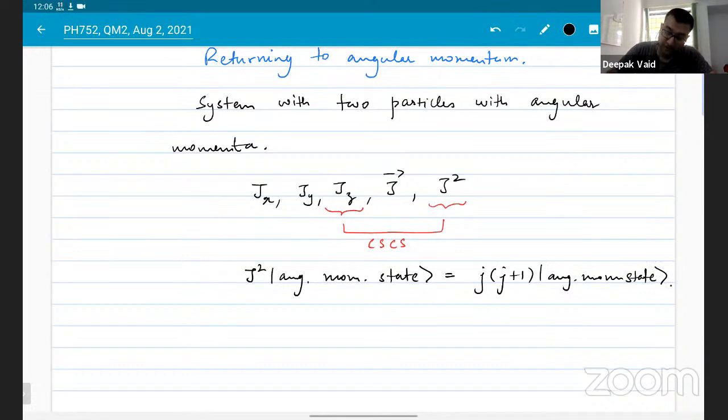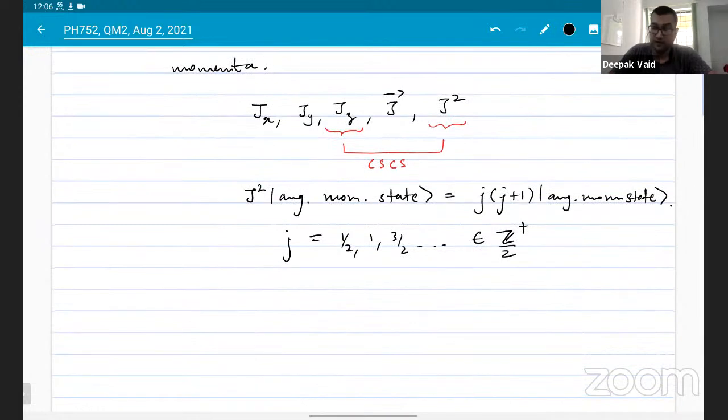Where j is an integer or half integer. You would write it like this. And what is the eigenvalue of Jz on this angular momentum eigenstate?